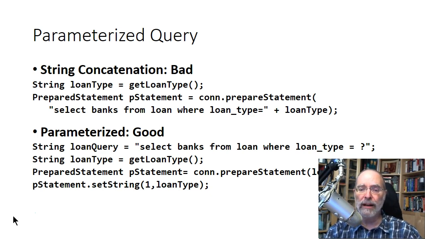I said earlier that prepared statements prevent embedded SQL, but not if the embedded SQL is concatenated to the statement. So if loan type, a string, contained a select statement, it would still probably execute with our prepared statement. The second example, the parameterized good, shows us the proper technique. We can see here that our select statement, rather than using concatenation, uses a question mark. Let me move myself out of the way here.